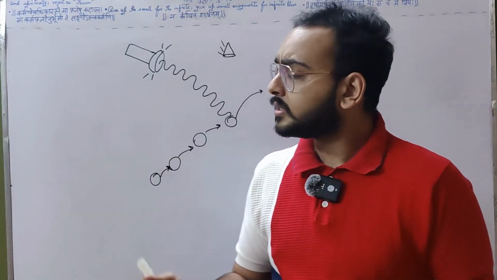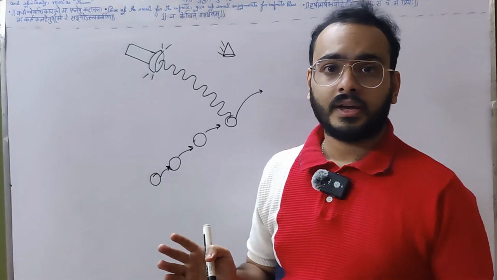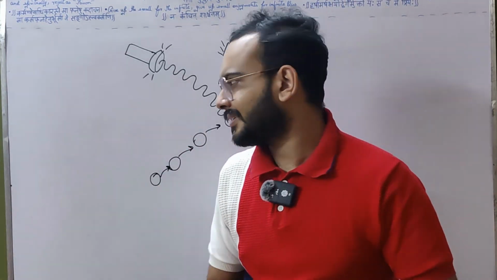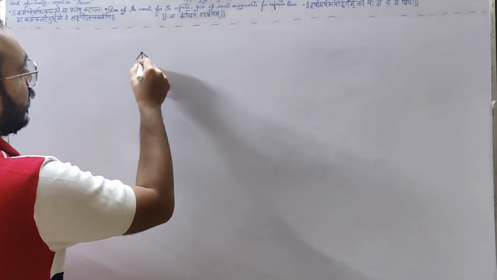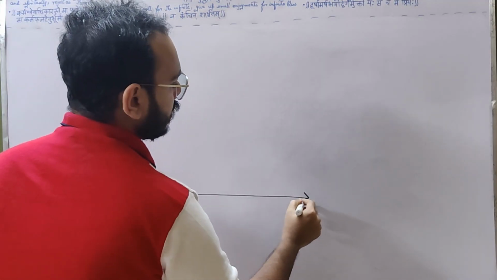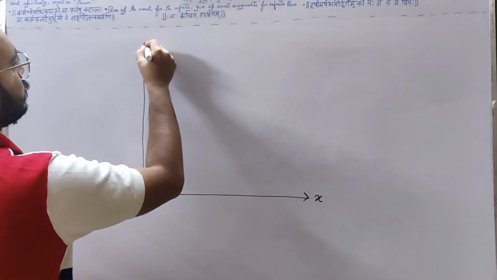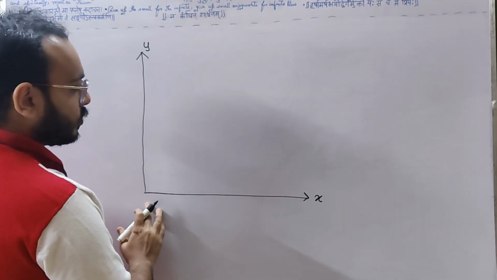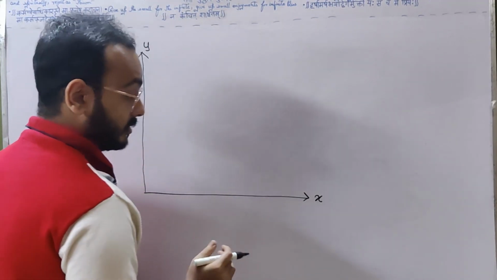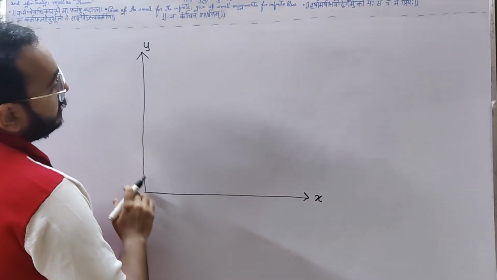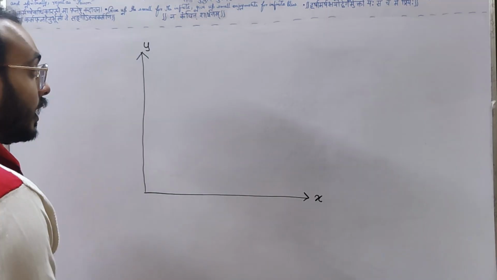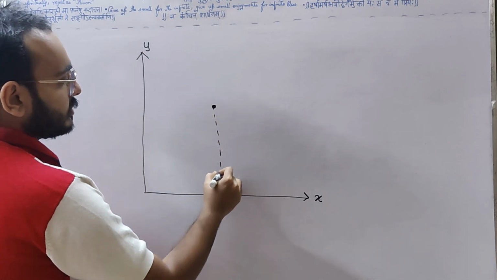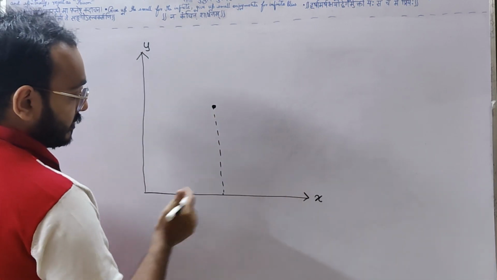Now let's map this hypothetical scenario in the case of measuring coordinates. Just stay here. Suppose here I have an orthogonal set of coordinates like x and y. Now the problem is I can measure the coordinate only along the x direction, but I cannot measure it along the y direction. So I have a point, suppose here. Now I have measured its value along the x direction to be a.